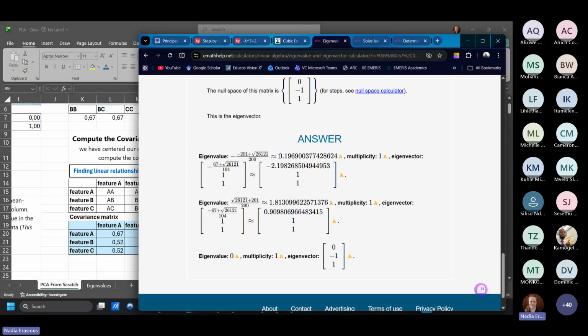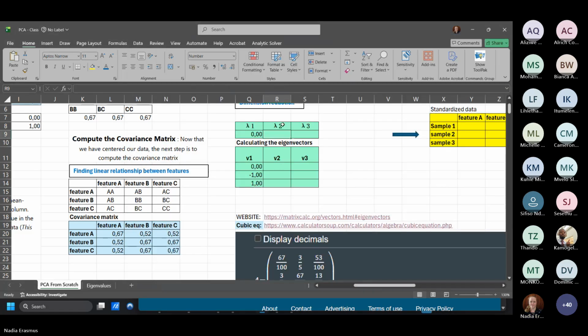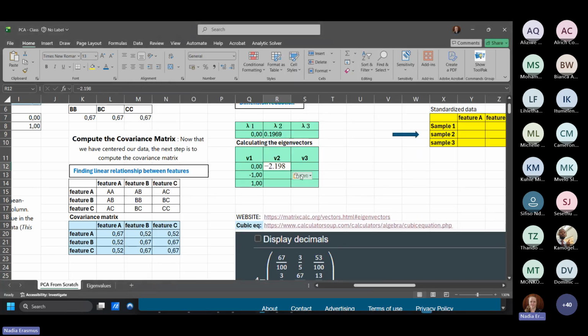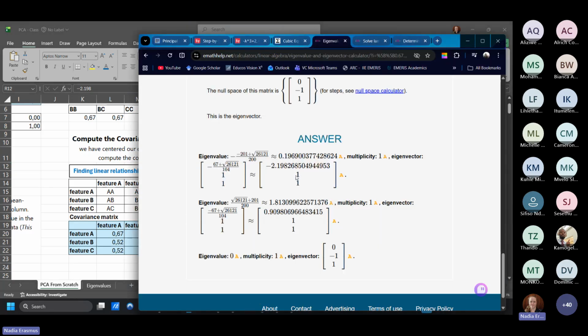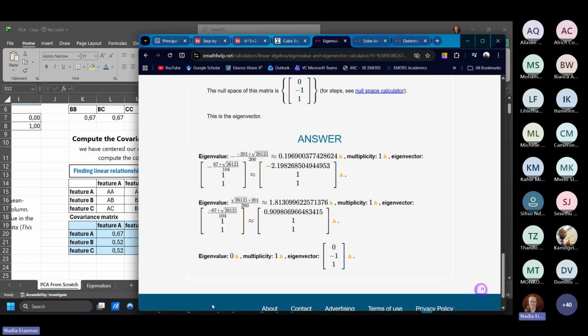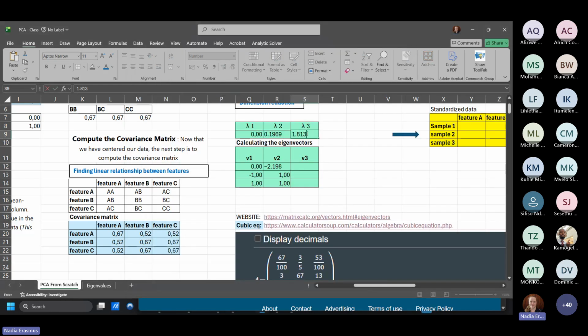Then we have the eigenvalue of 0.969, and your eigenvector is minus 0.192. Let's use that value, and it is 1 and 1, 1 and 1. Then you have your last eigenvector, 1813, 1, so you're rounding it off.